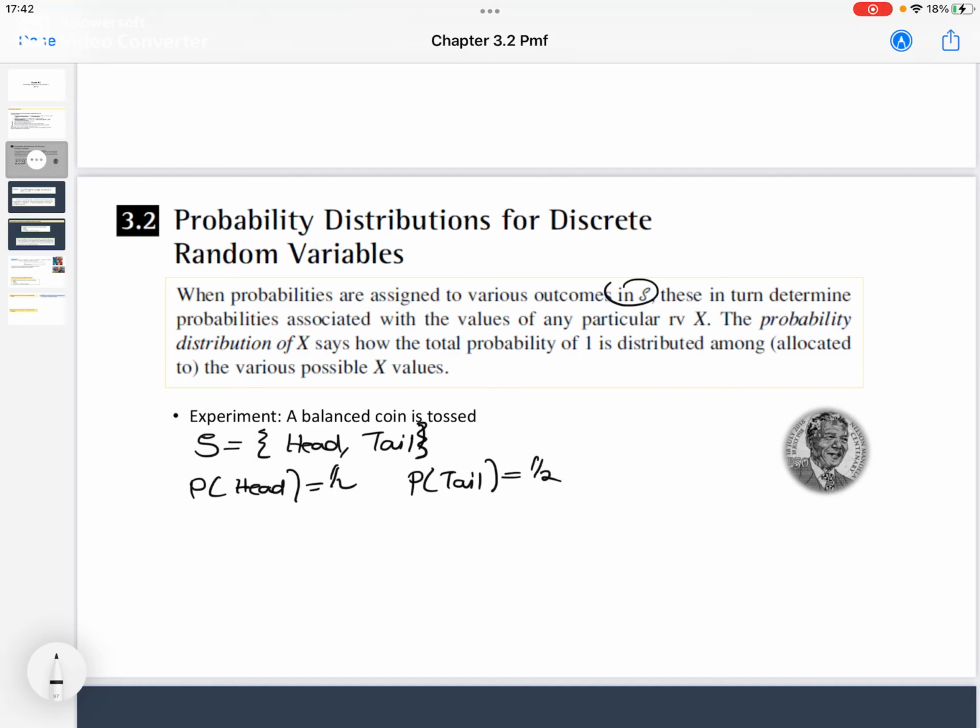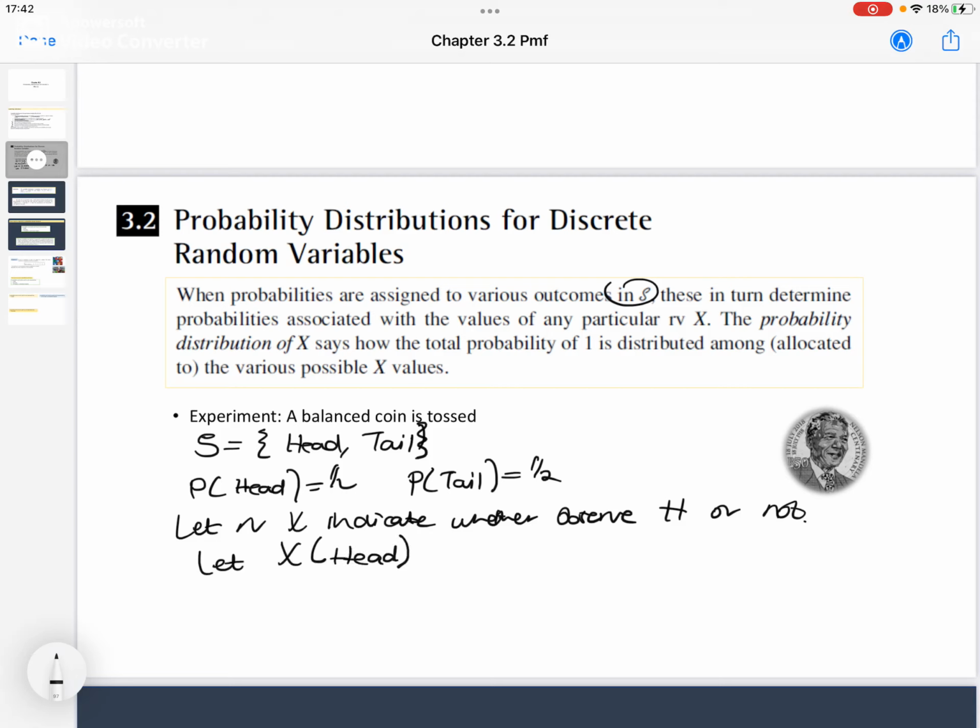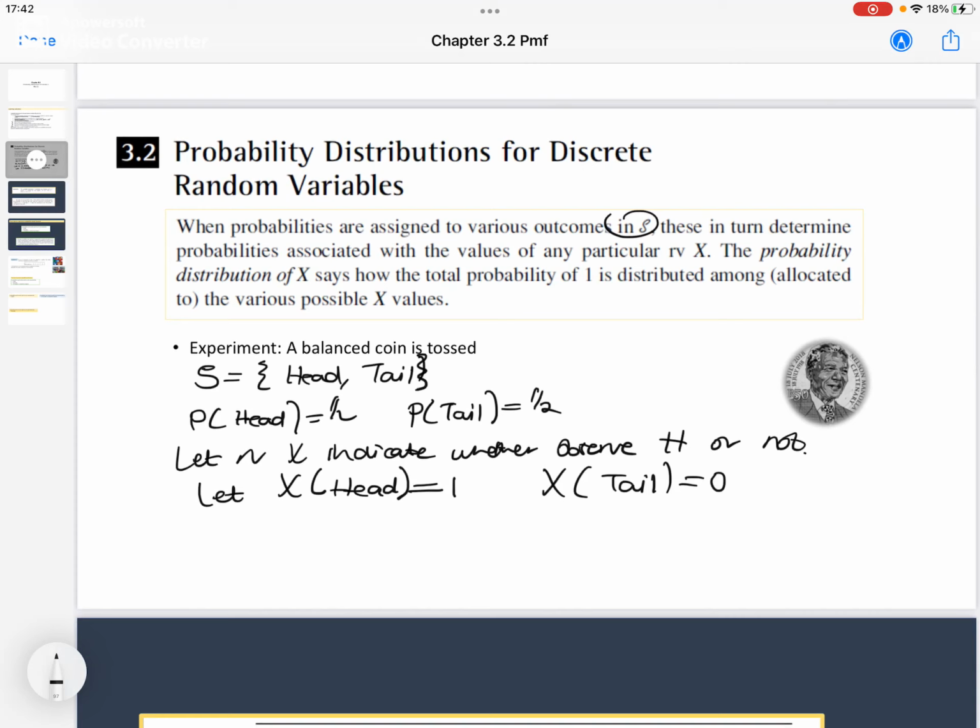Now suppose that we define a random variable from this experiment. So let random variable x indicate whether you obtain a head or not. We can let the outcome head be represented by numerical value 1, and the outcome tail be represented by numerical value 0.